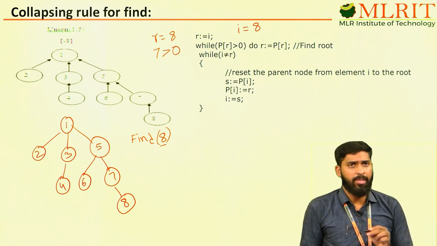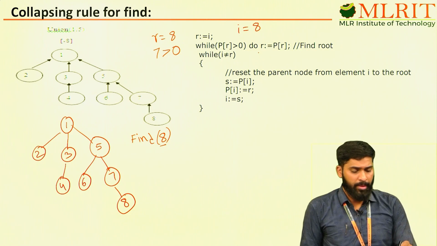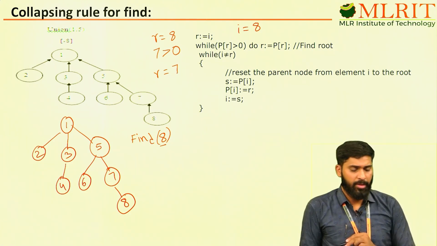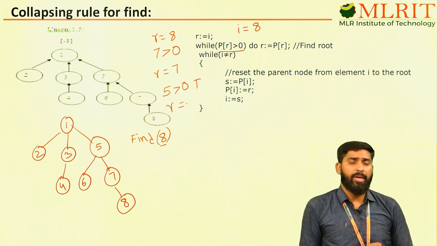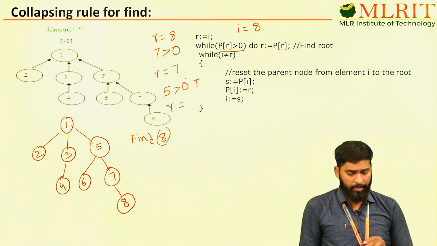True, so we do R equals parent of R. So 8's parent is 7, now R equals 7. Again you check that P of R greater than 0. The parent of 7 is 5. 5 again greater than 0, it is true, so make R equals parent of R.